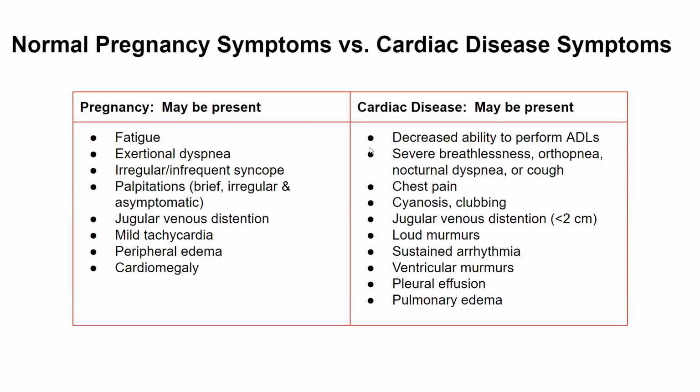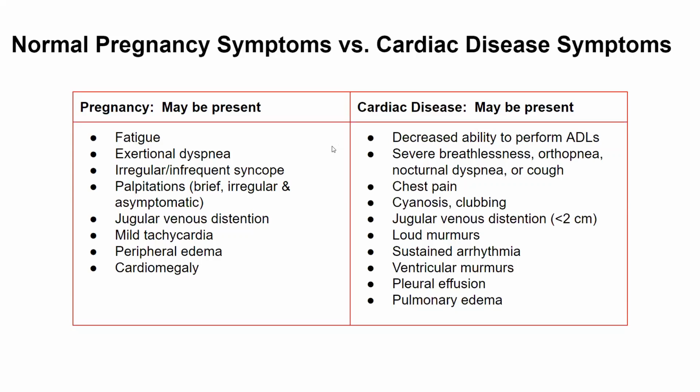So normal pregnancy symptoms, we all know these: fatigue, exertional dyspnea, irregular infrequent syncope, palpitations, venous distension, mild tachycardia, peripheral edema, and cardiomegaly, all can be in pregnancy. Now, in cardiovascular disease, they can have difficulty breathing, but this is with ADLs, right? A pregnant woman shouldn't have problems doing her normal activities of daily living.